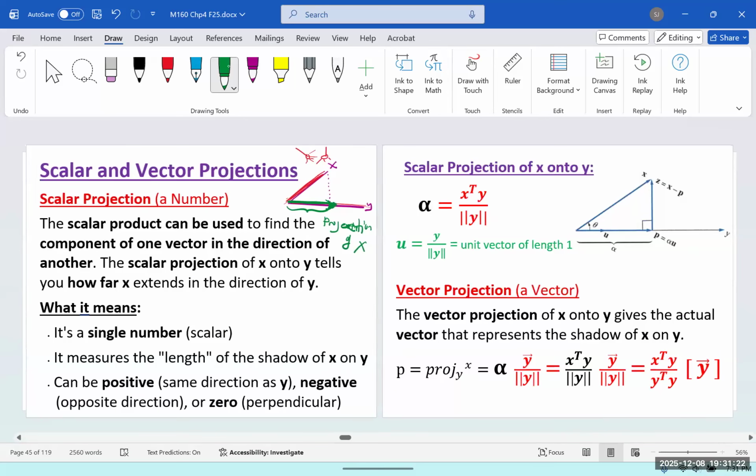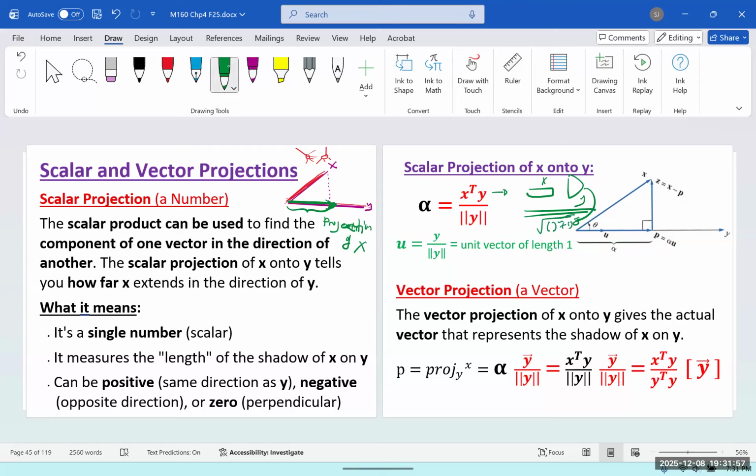So how do we find them? Again, we use formulas. The scalar projection can be measured by the formula x transpose y divided by the norm of y. So the projection of x onto y is their dot product: you multiply x and y, and you divide it by the norm of y.